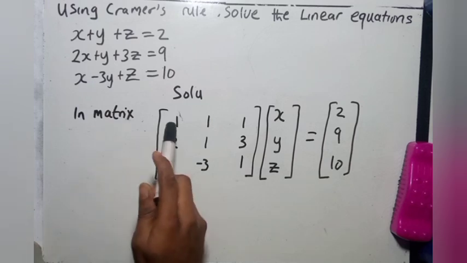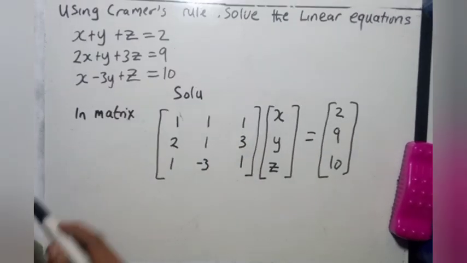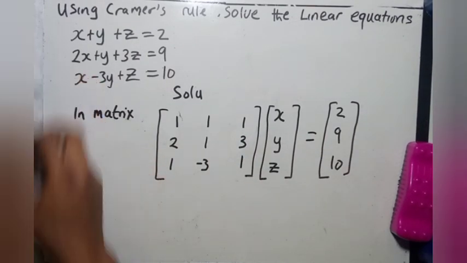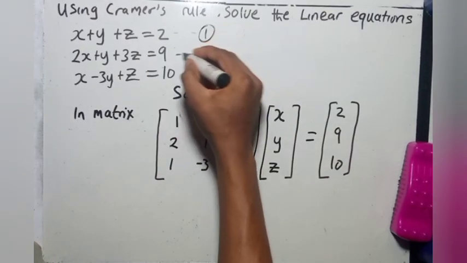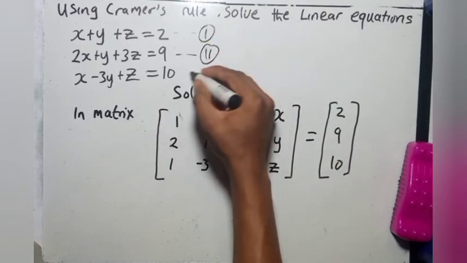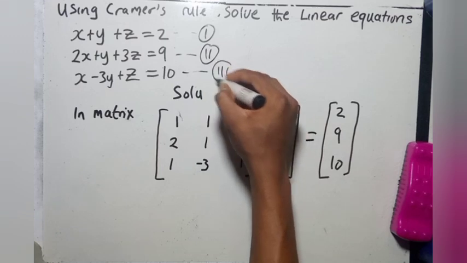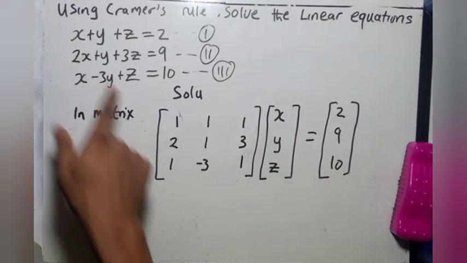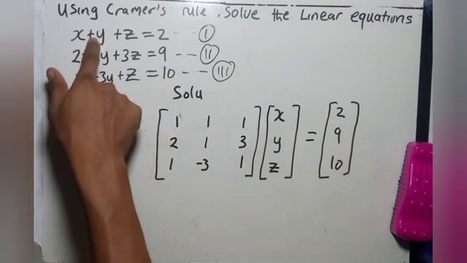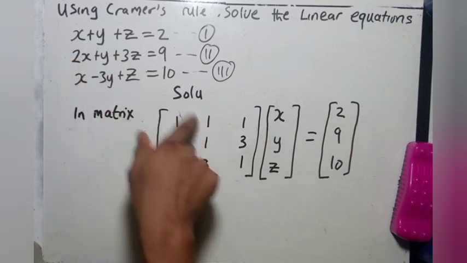So for the first row, we got it from the first equation. This is our first equation, this is our second equation, and this is our third equation. Now from our first equation, the coefficient of x is 1, we wrote down 1. Coefficient of y is 1, we wrote down 1.